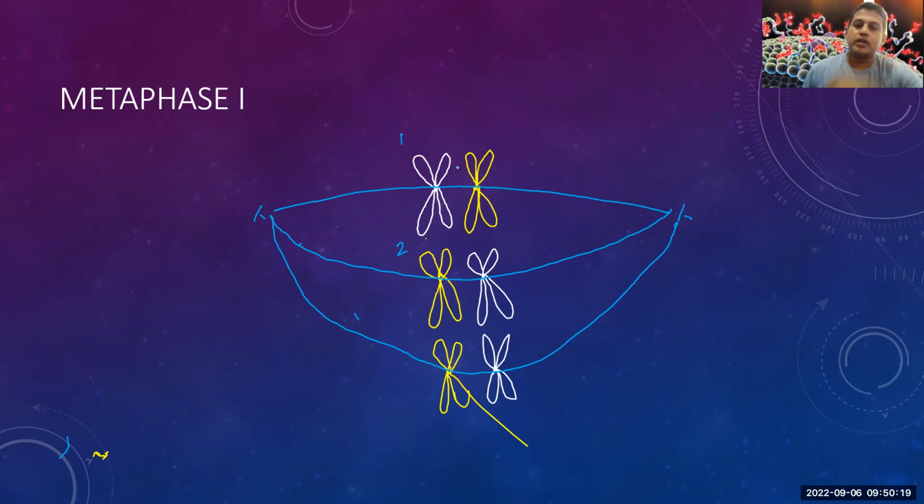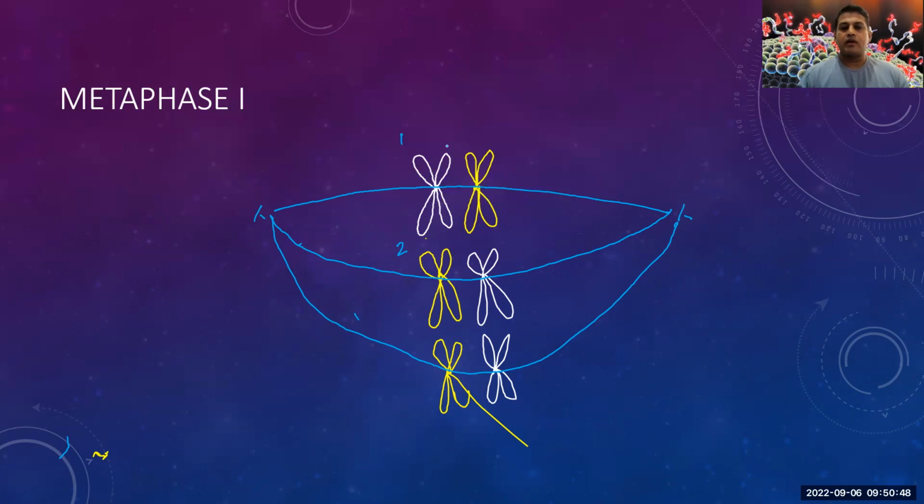I told you these chromosomes are not 100% identical. They are not 100% identical, but they have similarities. We can learn very clearly what is identical, what is not identical, what are similarities when we learn genetics.